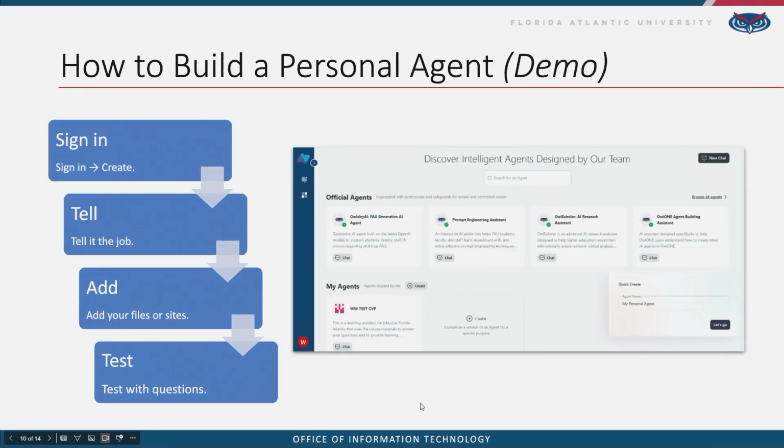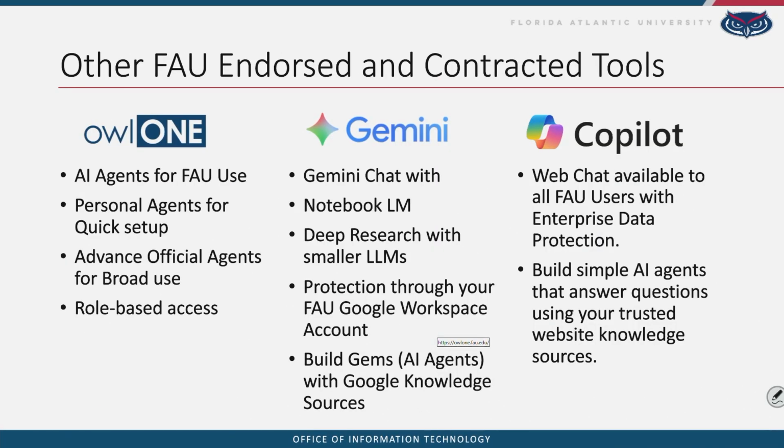So those are all different purposes, trying to highlight them all. And getting back, I also wanted to highlight that FAU has other AI tools out there for you. And it's really good to be aware that owlONE is great. I really love it. It's really what we use for AI agent building. But you also could use Gemini just for your regular chats.